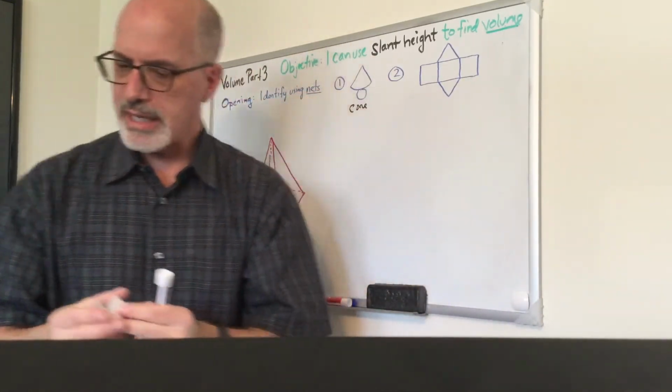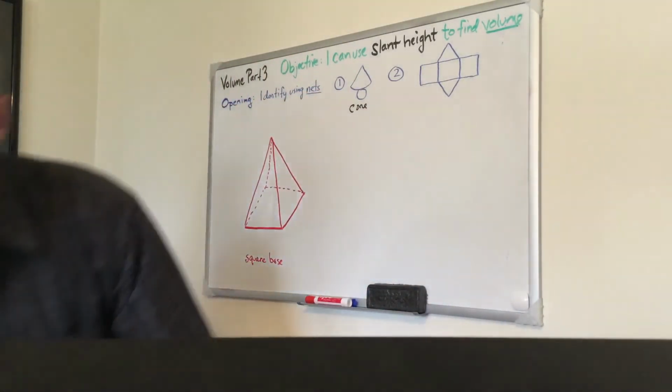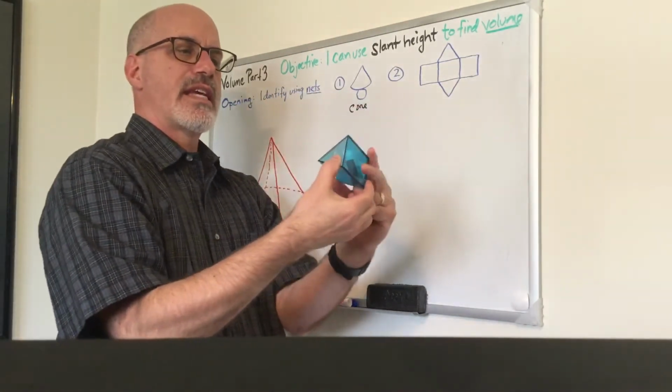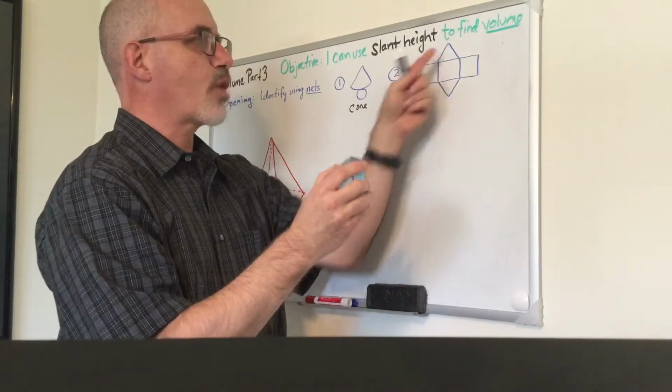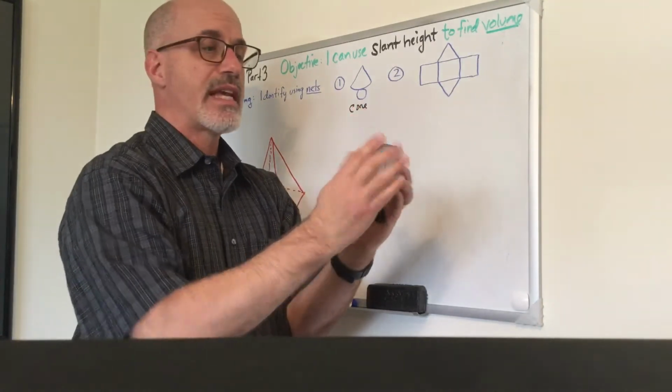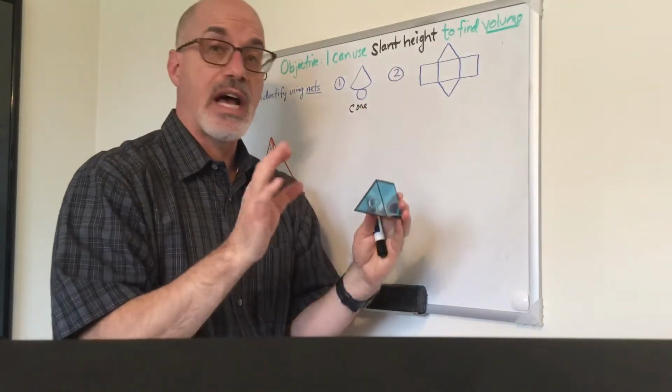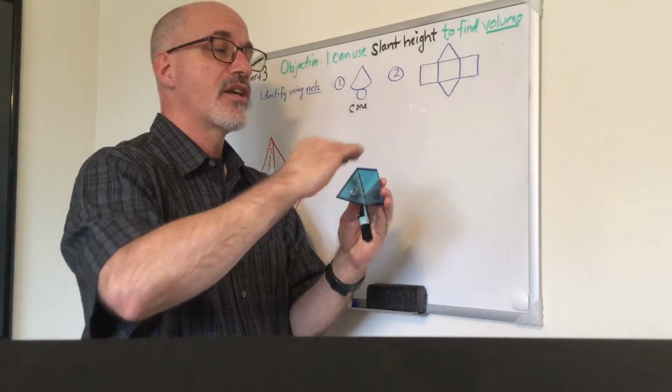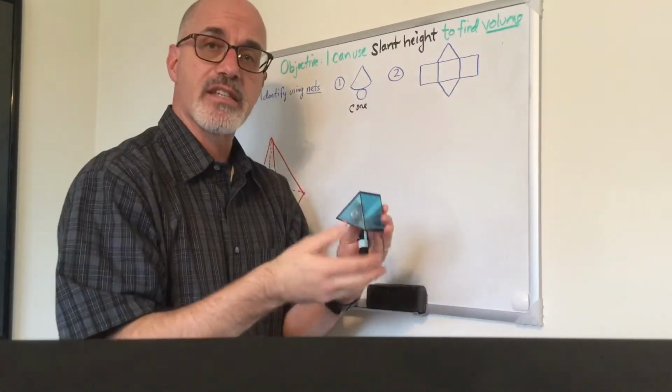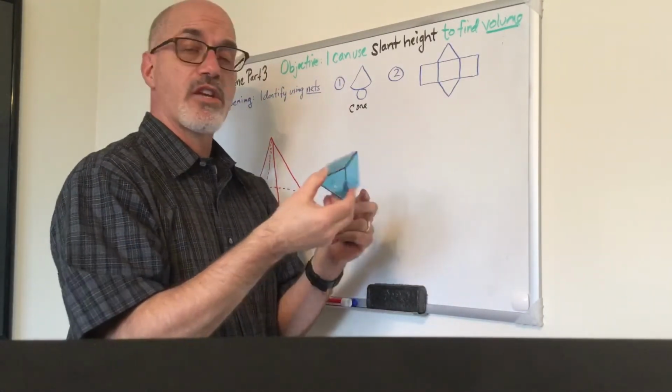When you look at a figure like this, it's got two parallel triangles as your bases, and these flat sides are not parallel, so they can't be the base. Those are the faces of your triangular prism.